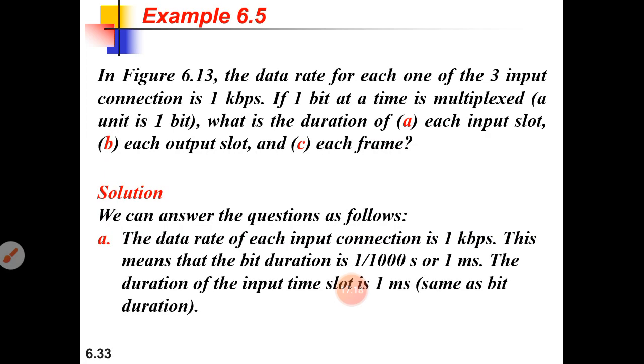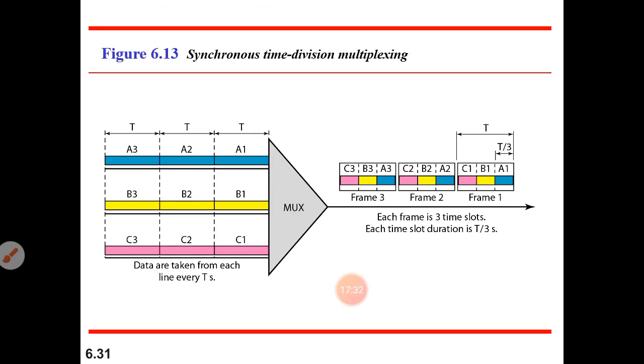So they have given one problem here. In this figure, the data rate for each one of the 3 input connections is 1 kbps. You can refer to this diagram.